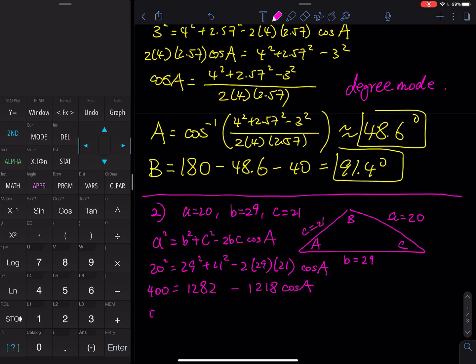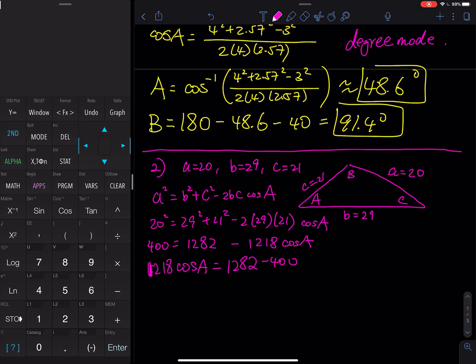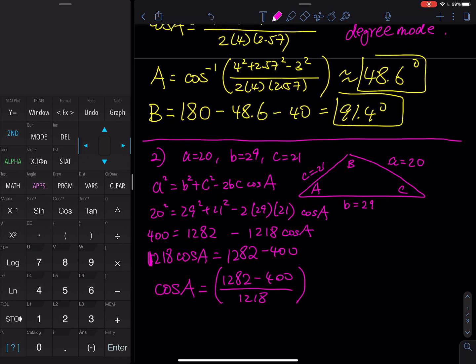So we have 1218 cosine A equals 1282 minus 400, and then we divide by the coefficient of cosine. So cosine A is 1282 minus 400 divided by 1218, and then you take the inverse cosine of it.